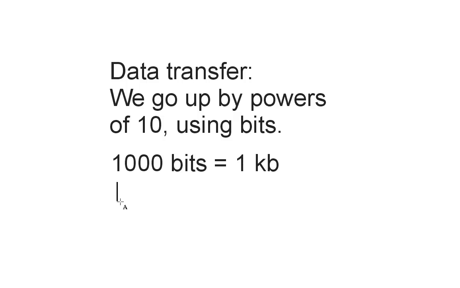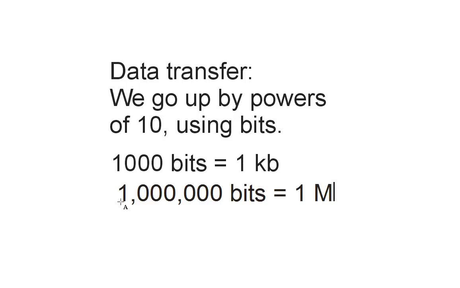1,000,000 or 1 million bits equals 1 megabit. And again, we use the uppercase M just like we do with powers of 2. It's a little confusing, a little strange, the conventions they have. The bit, again, is a lowercase b. But normally speaking, when we're talking about bits and data transfer, we're going to be talking about bits per second.